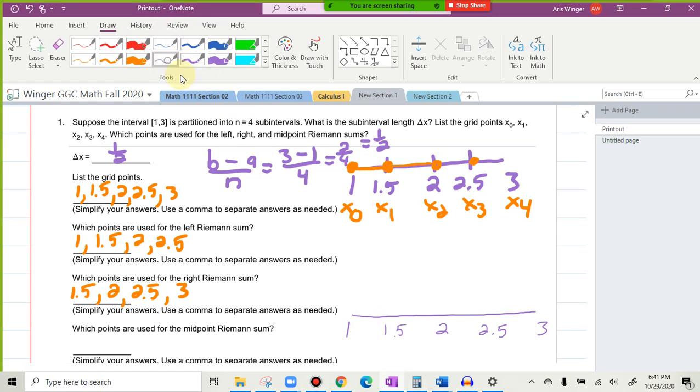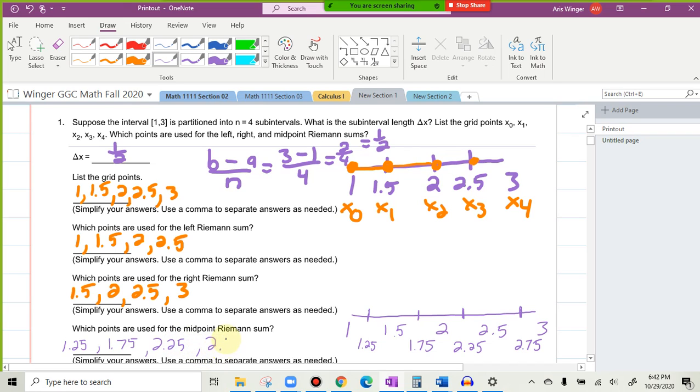So I need this place, which is 1.25, and this one is 1.75, this one is 2.25, and this one is 2.75.